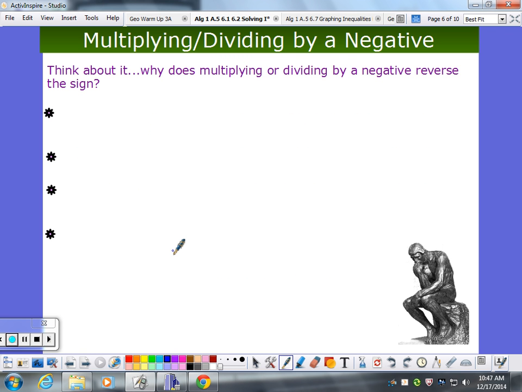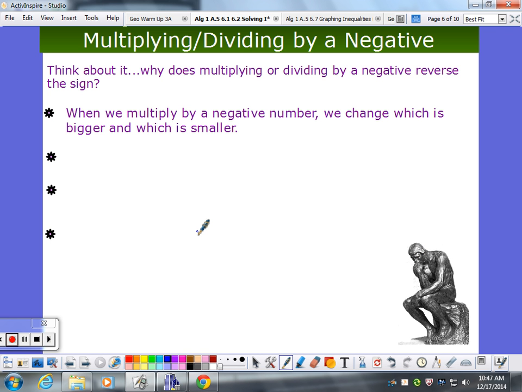Why do we multiply or divide by negative? Anybody ever explain that to you? Anybody ever explain to you why you flip it if you multiply or divide by a negative? No? See what thinking. Look at us thinking. So, when you multiply by a negative number, we're changing the idea of big and small. All right, let's look at this.